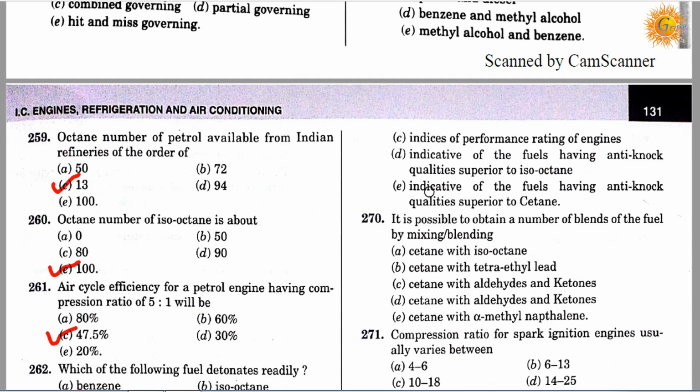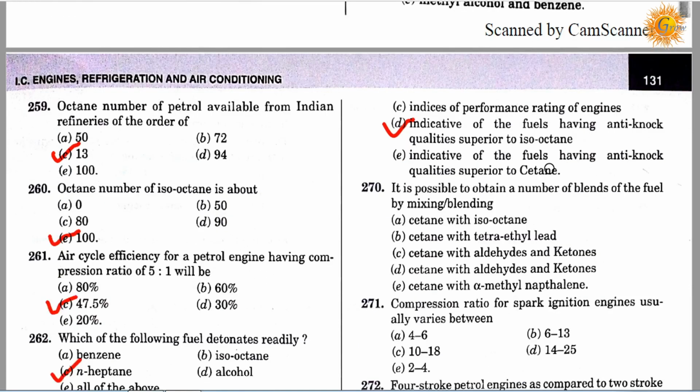So the correct answer of question 269 is D. It will be indicative of the fuels having anti-knock qualities superior to isooctane.